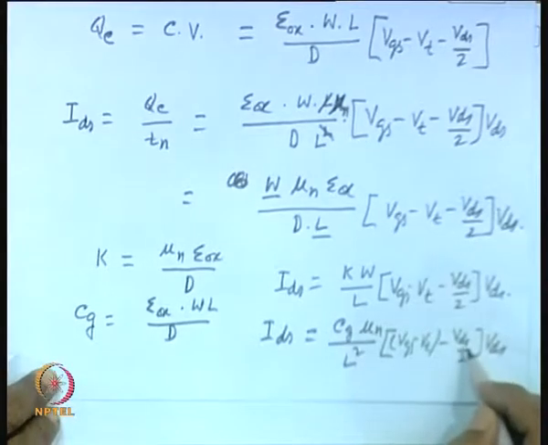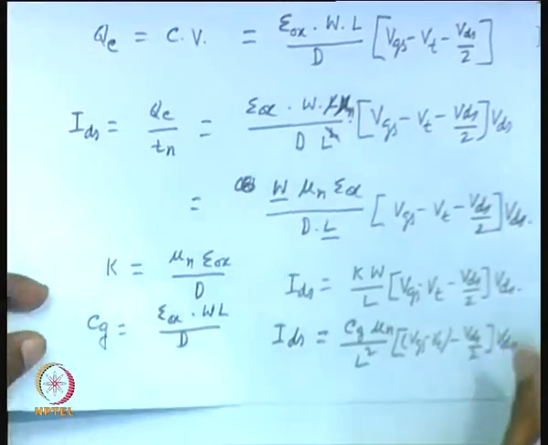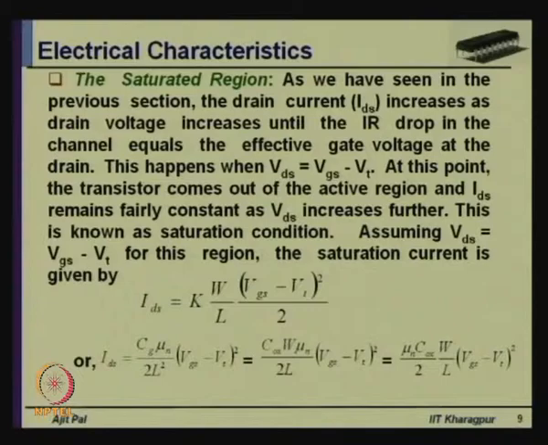So the linear region is not exactly linear, but approximately linear, particularly when the drain voltage is very close to 0. So, V D S must be negligible compared to V G S minus V T.